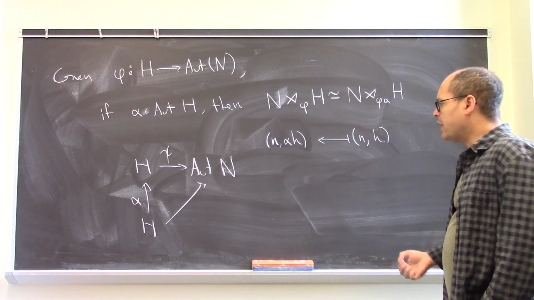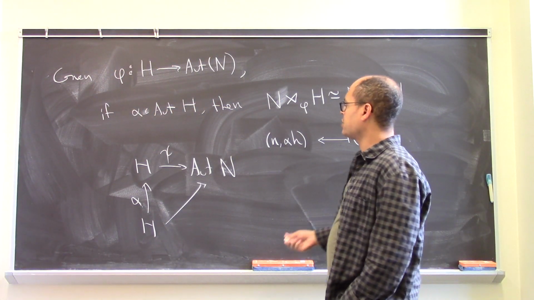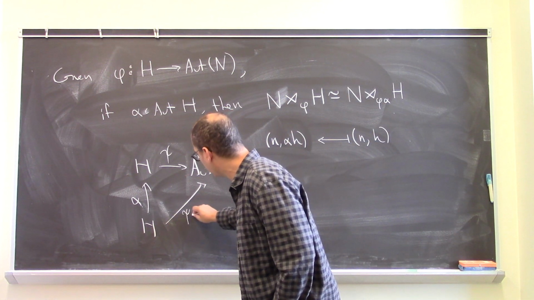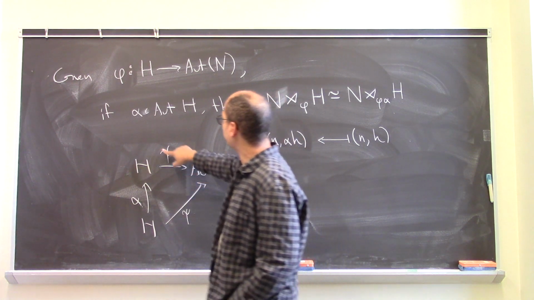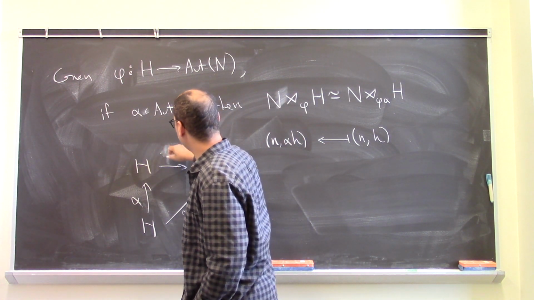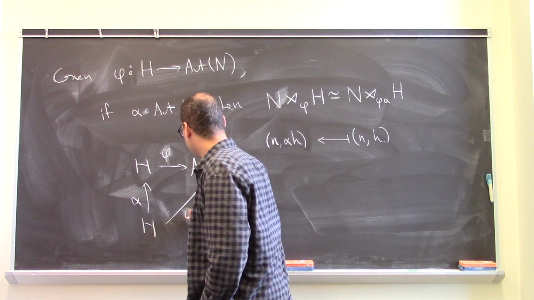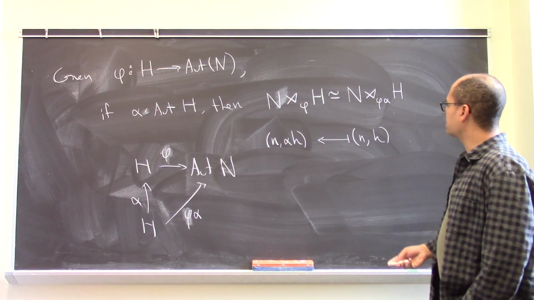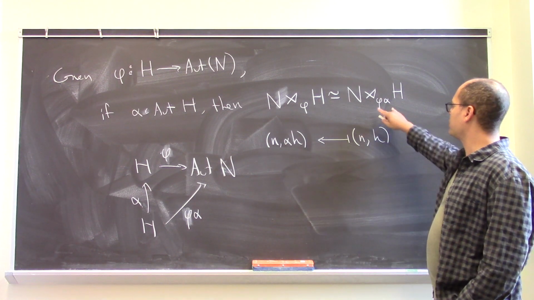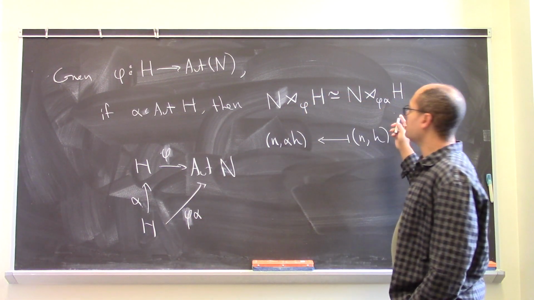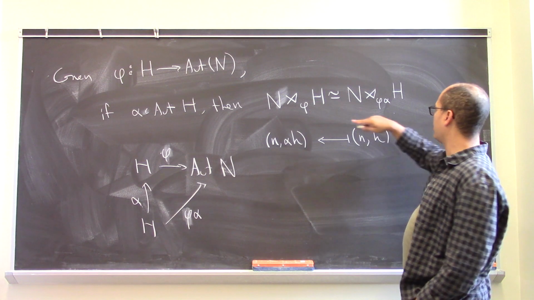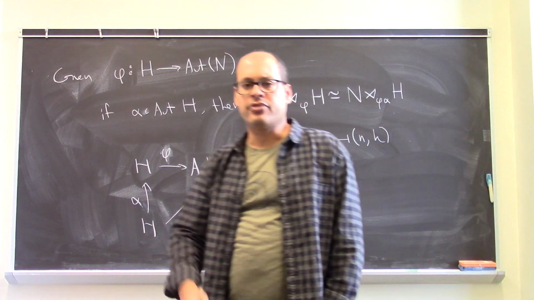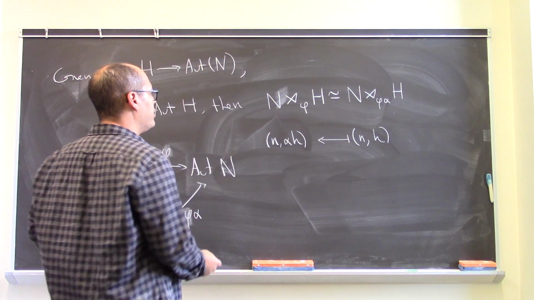So this new map I could write as psi equals phi after alpha. And if you do that, then the semidirect product that you get with that new map from H to the automorphisms is the same as the original one. And it's very concrete to write it down.